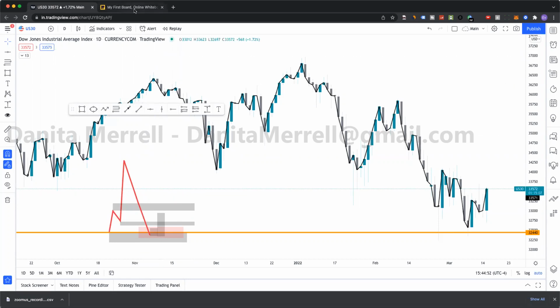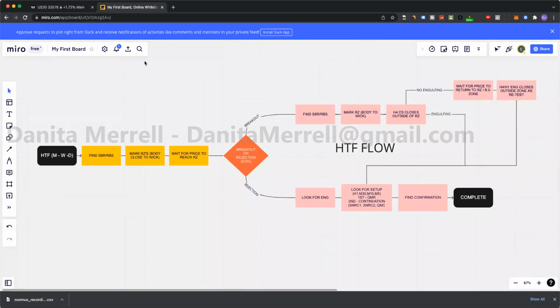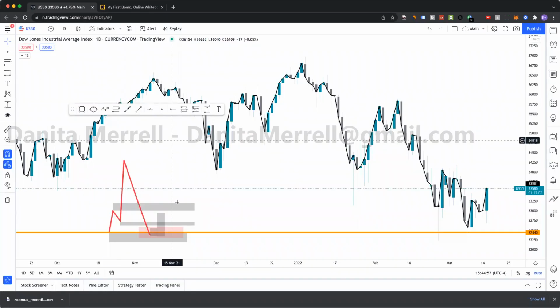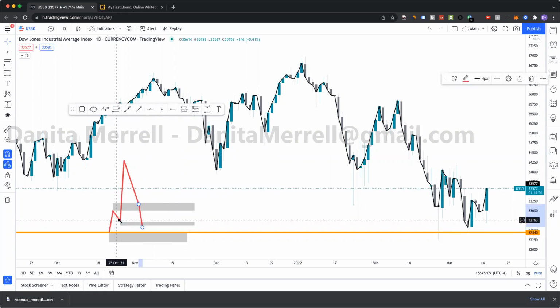Now, let's say instead of price rejecting, it breaks out. At this point, let me raise this a bit.